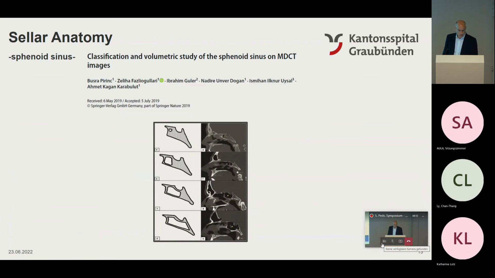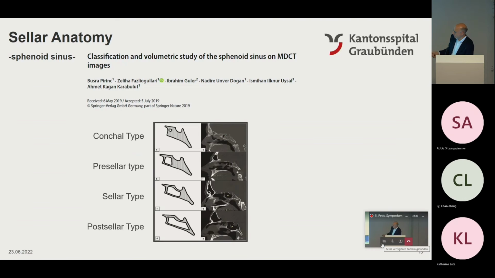There is some study which gives you some idea about the sphenoid sinus, because not in all patients is the sphenoid sinus fully developed. In here it's barely seen, and here it's just a bit bigger. But most of the time those types of development occur.